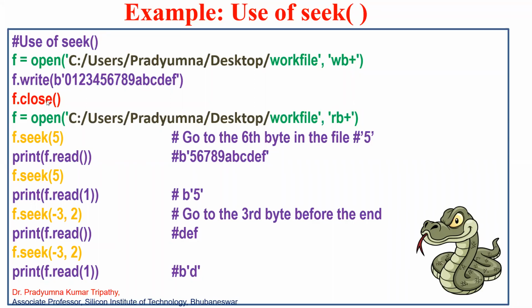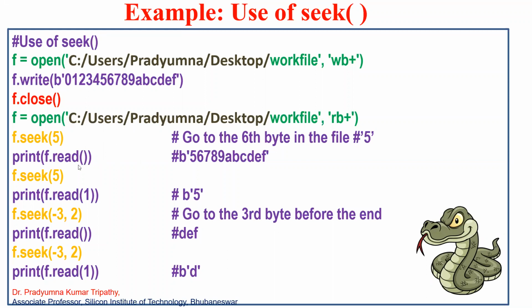Correct? So if I write f.seek(5), go to the 6th byte in the file. The 6th byte in the file means it is actually over here. Just look over here. Suppose I write f.seek(5) and then I write f.read().